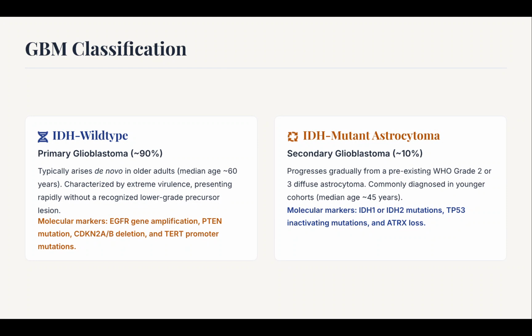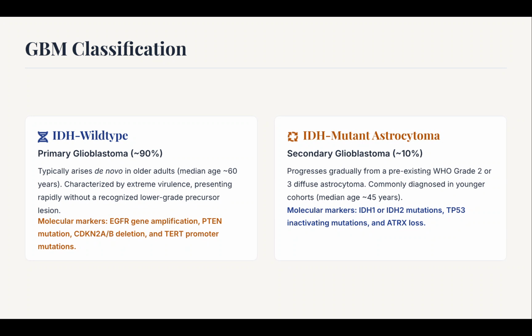Primary glioblastoma typically arises de novo in adults where median age is around 60 years, characterized by extreme virulence, presenting rapidly without a recognized lower grade precursor lesion.